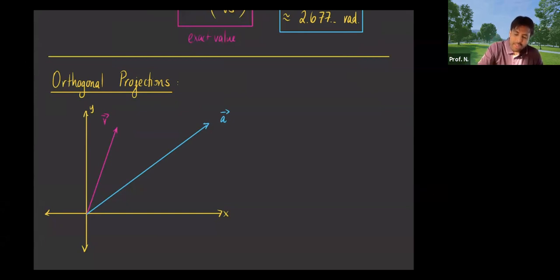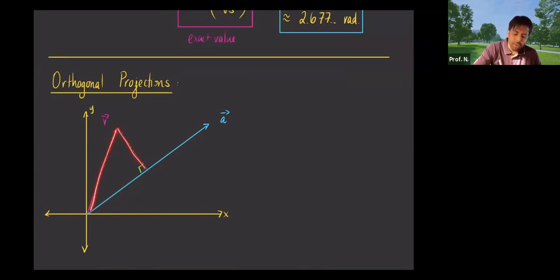So the idea is that I should be able to find the vector along the vector A that is a projection of V, where the projection splits up the vector into two components, one being orthogonal to the projection. So this vector here is the orthogonal projection.